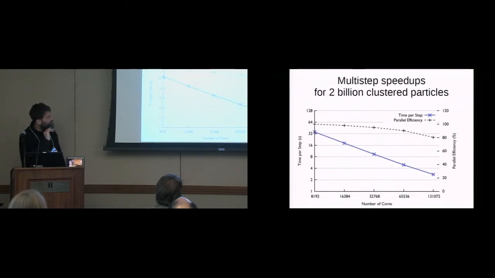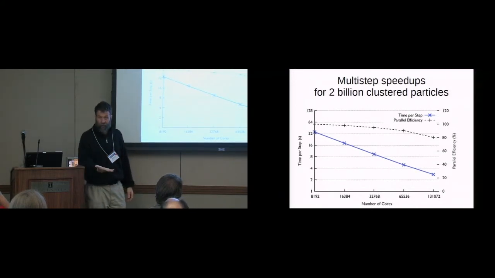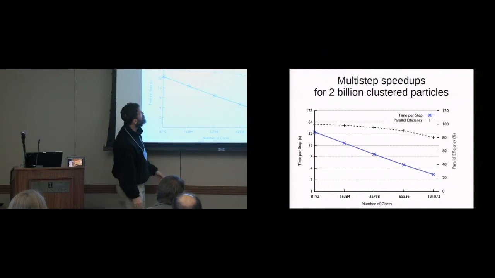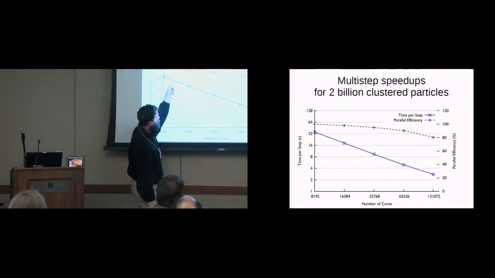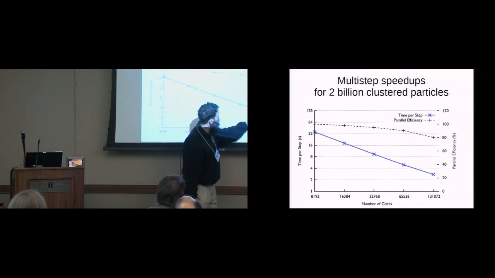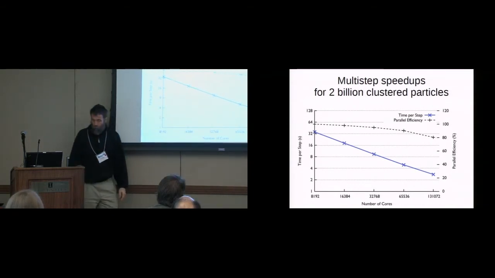And so with a clustered run, this is now dark matter only, but at a redshift of 0, so the present-day universe, only 2 billion particles, we still get reasonable scaling, only down to 80% parallel efficiency at 130,000 cores.